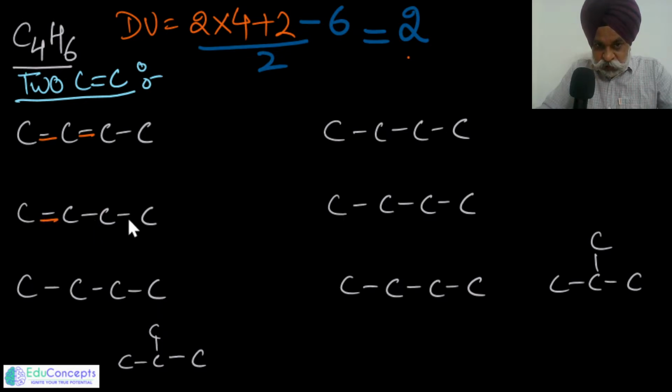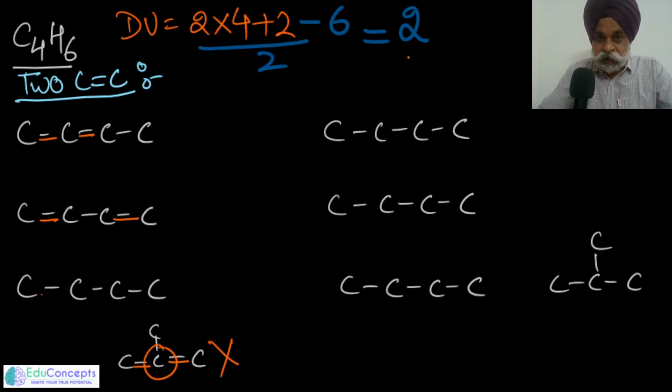Or you can generate it like this also. Is there any other way? If I do it like this, it got repeated, so there is no other way. And if somebody would do the carbon chain like this, 3 carbons and 1 methyl here, this also is a wrong one, because this carbon becomes pentavalent.